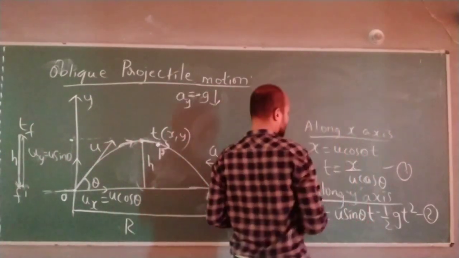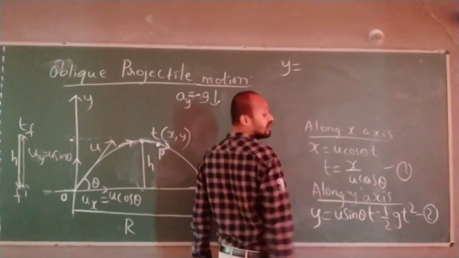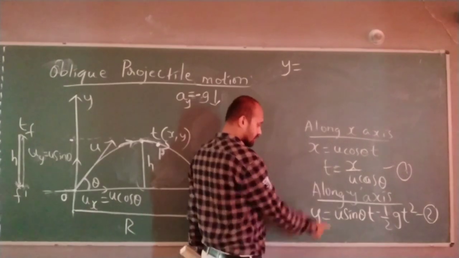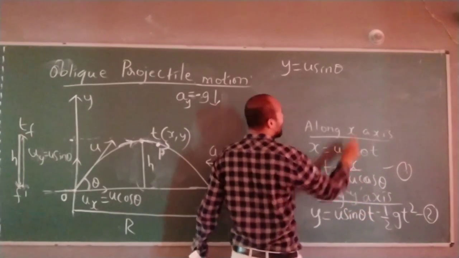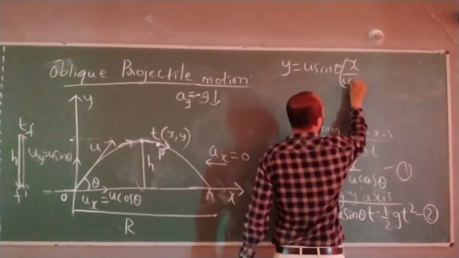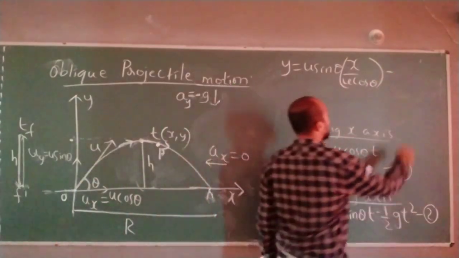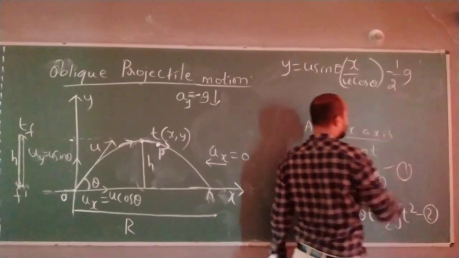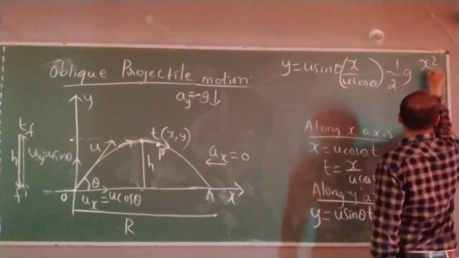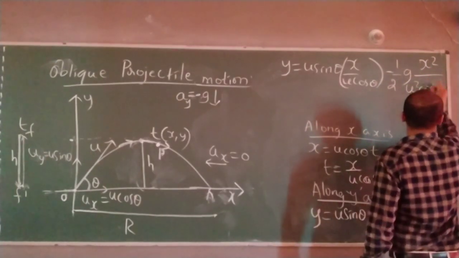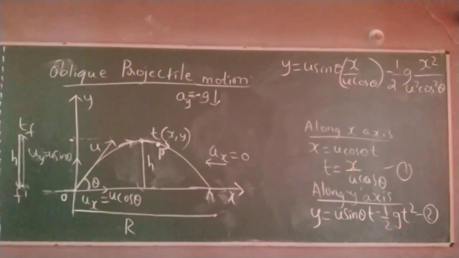The trajectory equation will become: the second equation becomes u sin theta into t, where t is x by u cos theta, minus half into g into t square, where t square is x square by u square cos square theta.